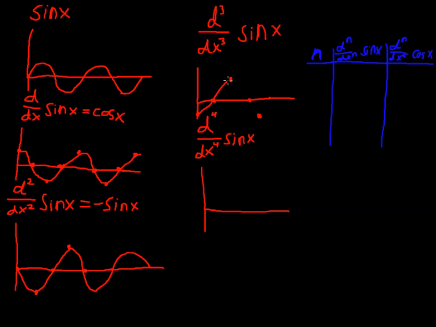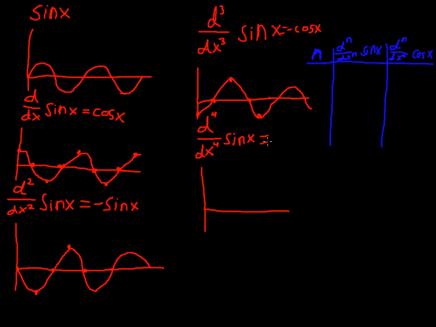You can sort of see where I'm getting that. So this looks like, flipping cosine, this looks like negative cosine of x.